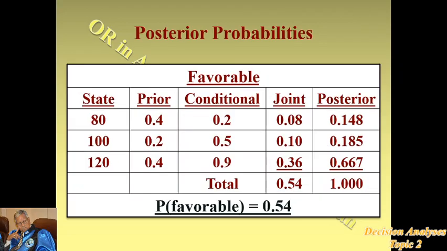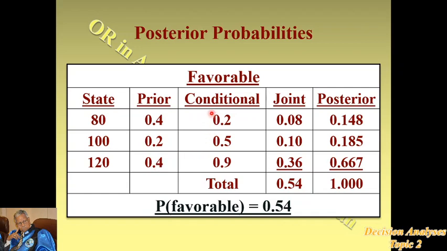Posterior probabilities of favorable condition. States of nature: 80, 100, 120. Prior probability, which we got in the previous example: 0.4 for 80 customers, 0.2 for 100 customers, 0.4 for 120 customers.